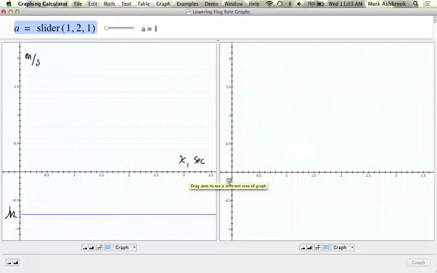So we have a graph of how much time has gone by since we started lowering the flag. If I pick a point right here, what does that point mean? Did I just add a point to the graph?